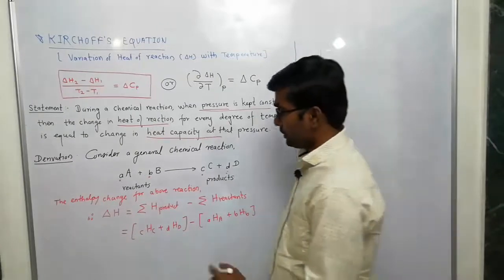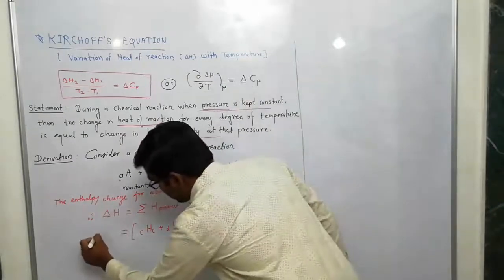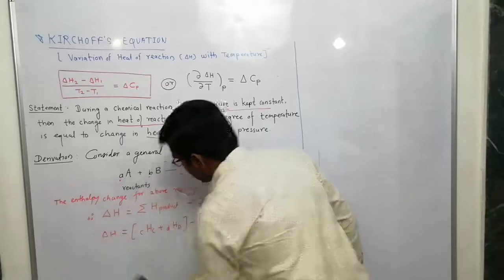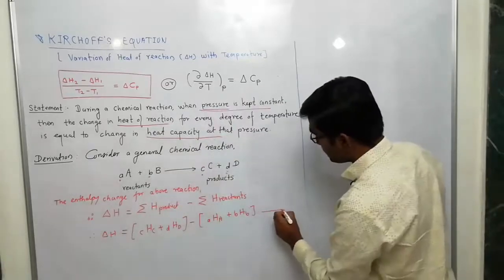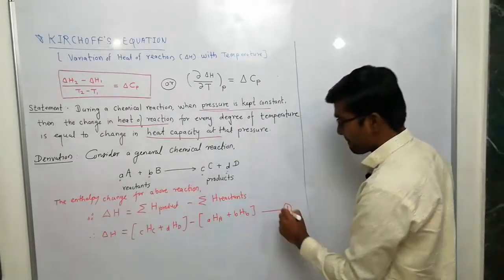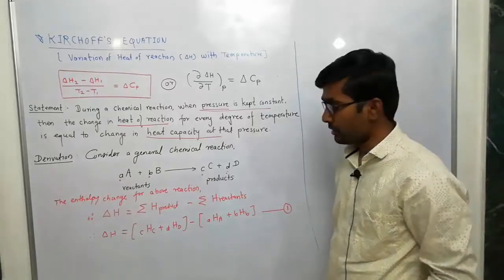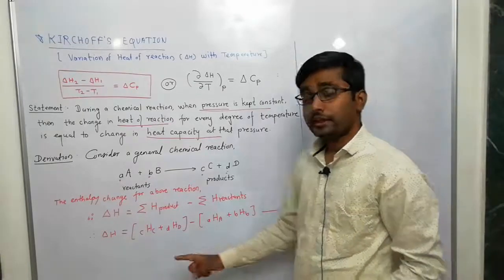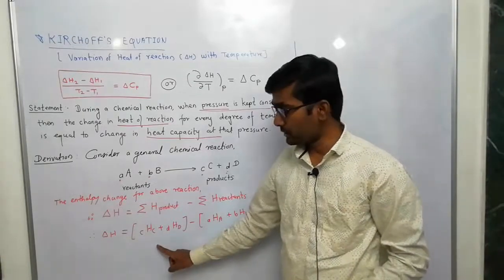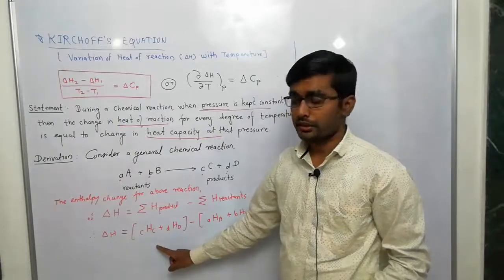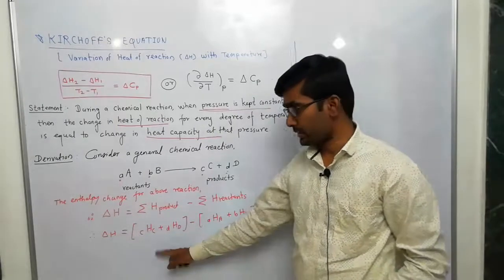Now, I get this equation, therefore, delta H is equal to this. Let us write, this is equation number 1. Now, we will differentiate this equation with respect to temperature, keeping pressure constant.